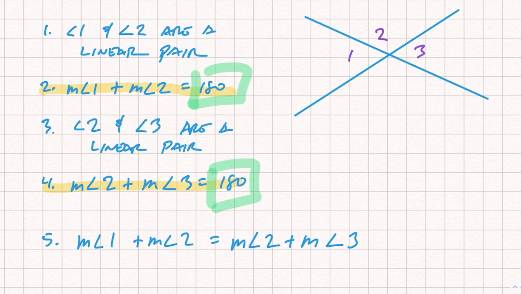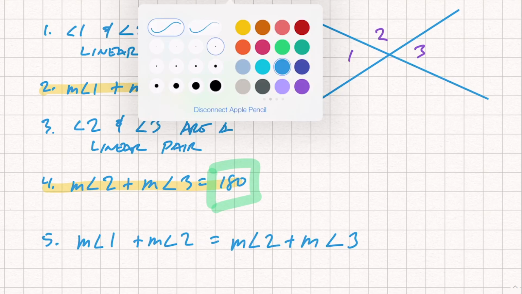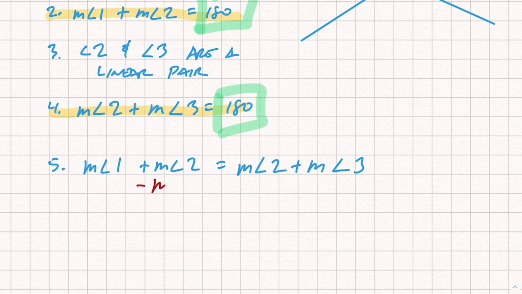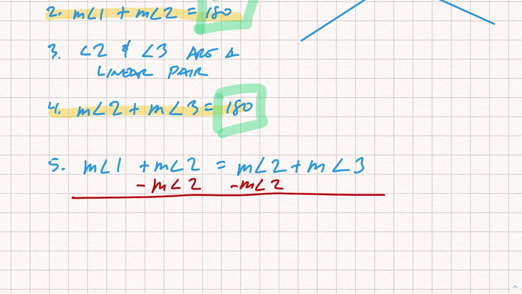And from here, we can just subtract the measure of angle 2 from both sides. I could say, hey, there's a measure of angle 2 on both sides. I'm going to say minus the measure of angle 2, minus the measure of angle 2. Do that. The measure of angle 1 is equal to the measure of angle 3, which means that angle 1 is congruent to angle 3.